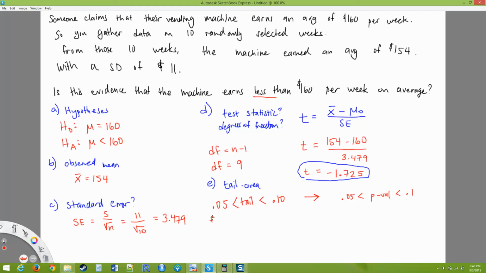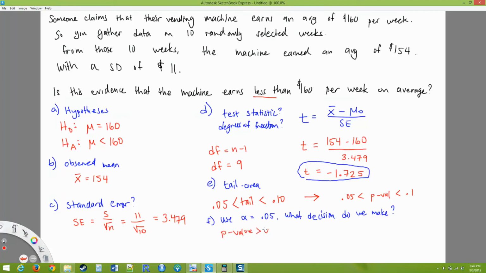Okay. So if my alpha is 5%, what is the decision we make regarding the null hypothesis? So is my p-value bigger or smaller than alpha? Yeah, my p-value is greater than alpha.